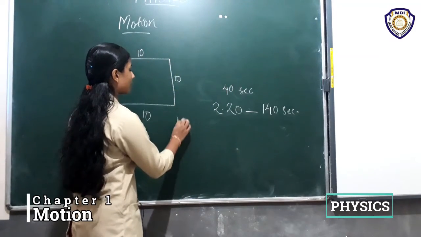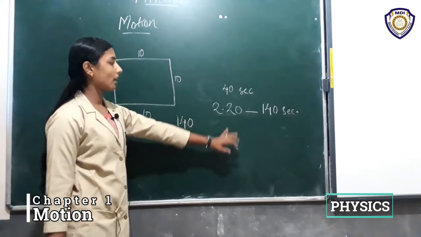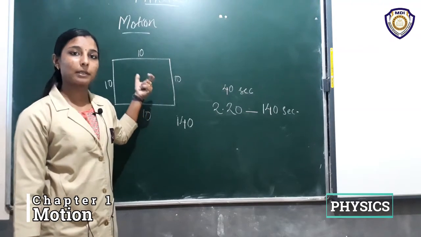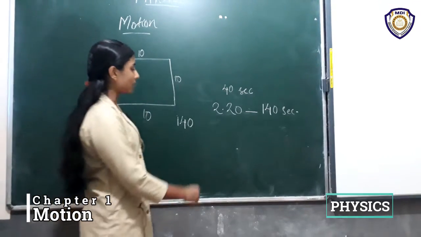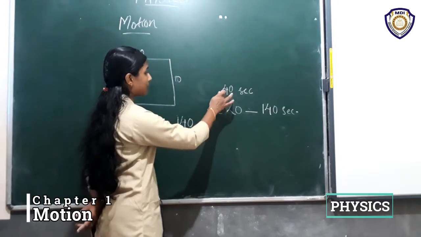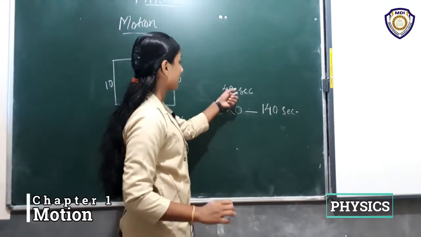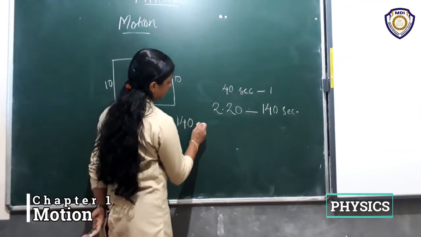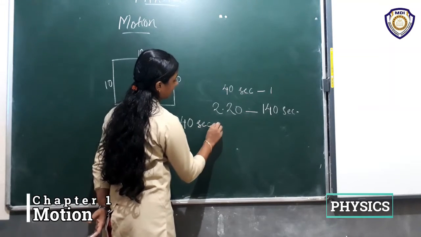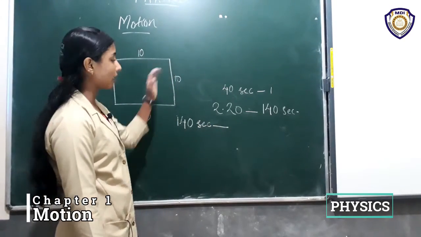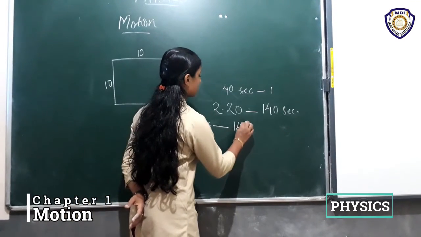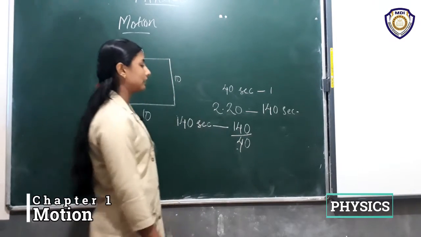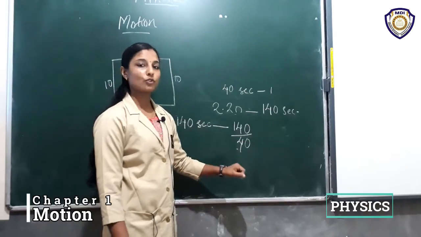So after 140 seconds, what will be the position of this farmer, that we have to find. In 40 seconds he covers one round, so how many rounds does he cover in 140 seconds? That is 140 divided by 40.